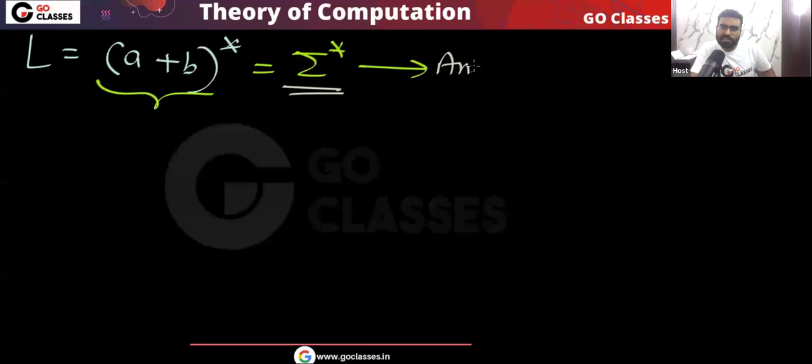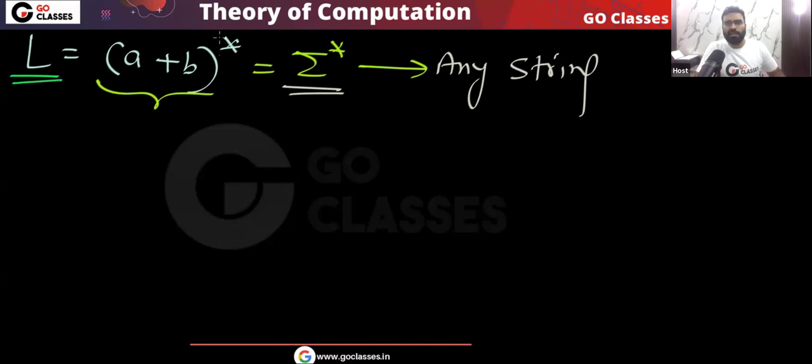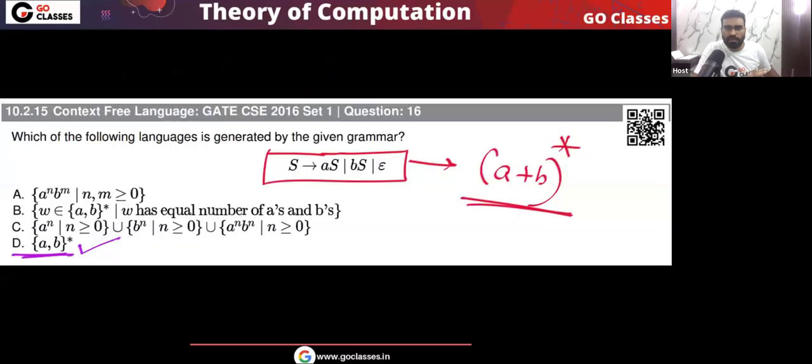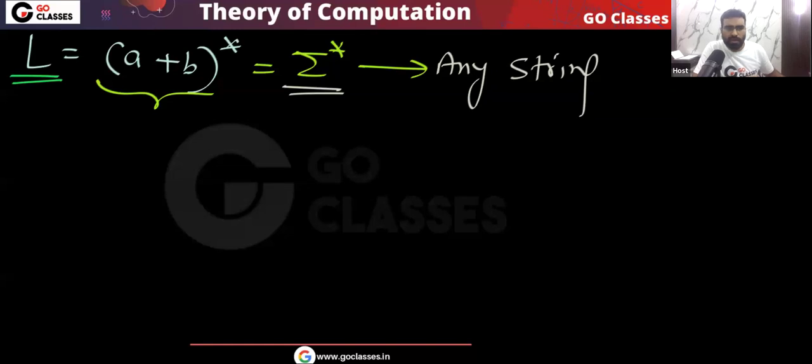It can generate any string. Sigma star can generate any string. So remember, our grammar should be able to generate any string I want. Yes or no? If this is your language and you want to write the grammar for this language, then I should be able to generate any string I want. Okay, so when you want to generate any string, please notice the idea.